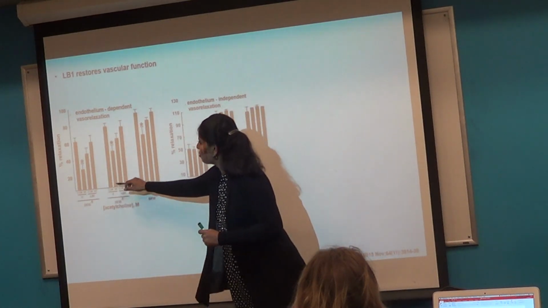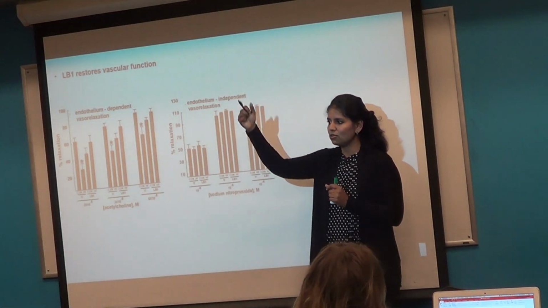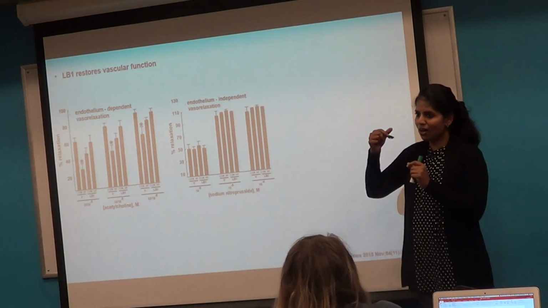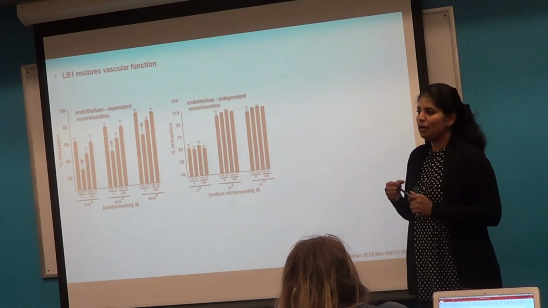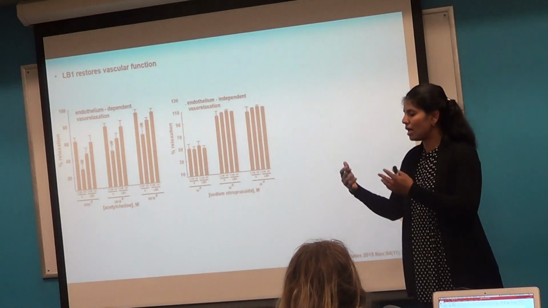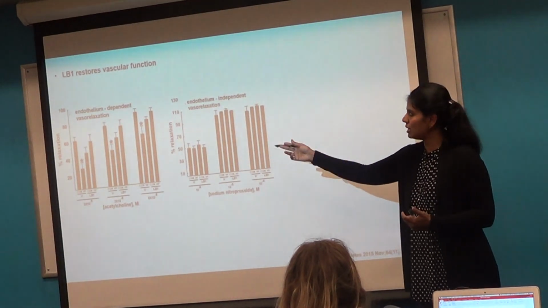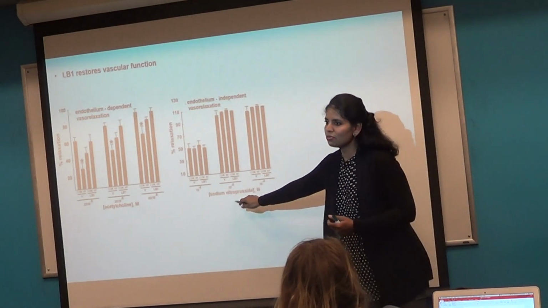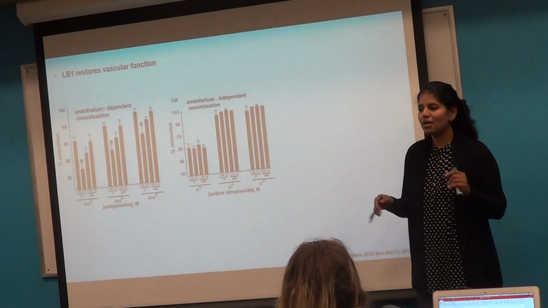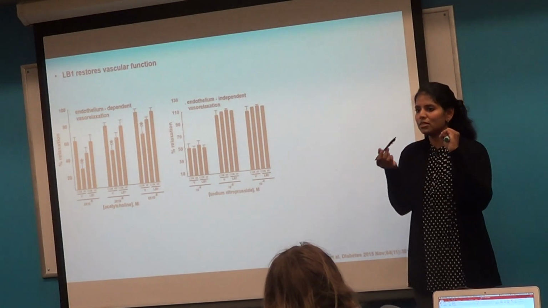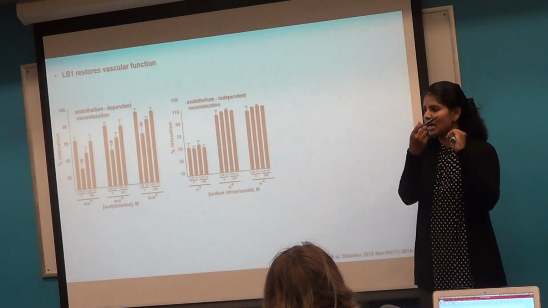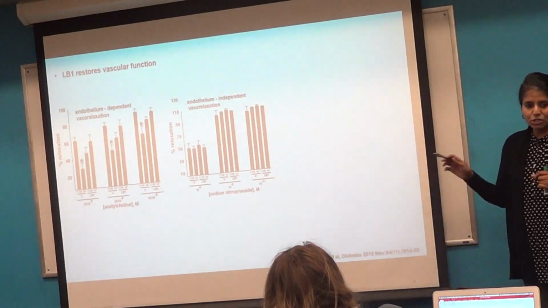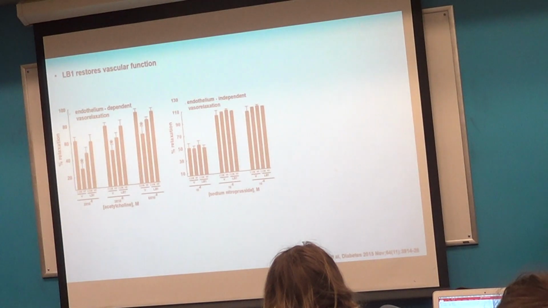You see three different doses, we went with higher and lower doses and saw how well you can restore eNOS phosphorylation or nitric oxide production, and your vascular function improves. For smooth muscle, you use the other drug called sodium nitroprusside, no change, no difference. Once again, pointing out the endothelium is the culprit, and everything is happening in the endothelium, not the smooth muscle. So that shows LB1 restores vascular function.